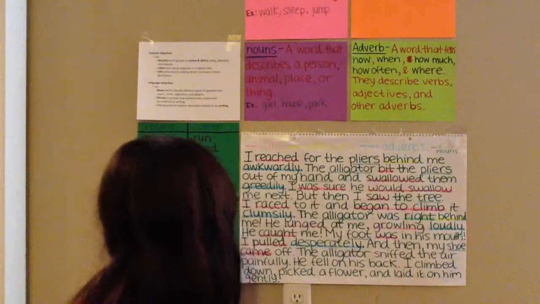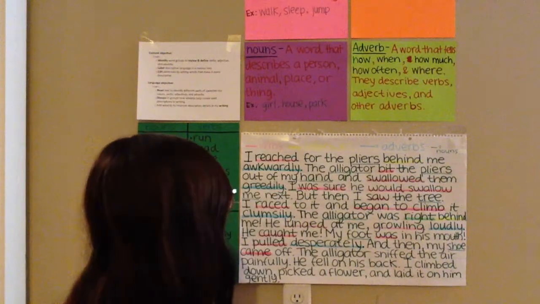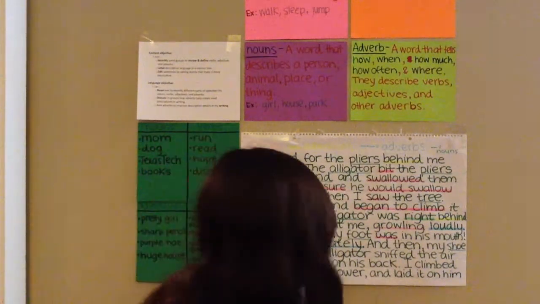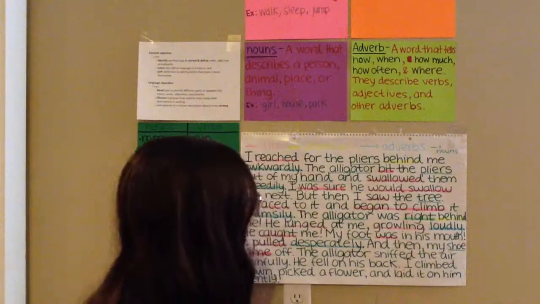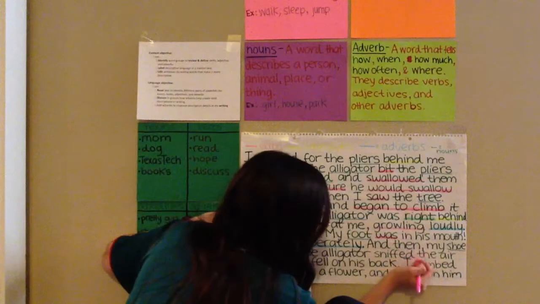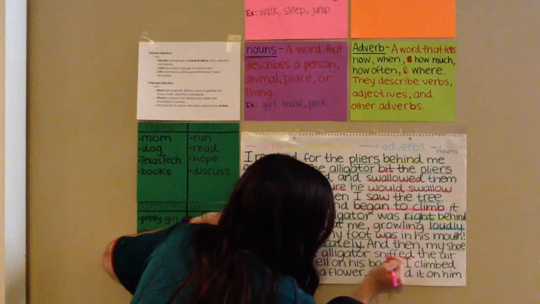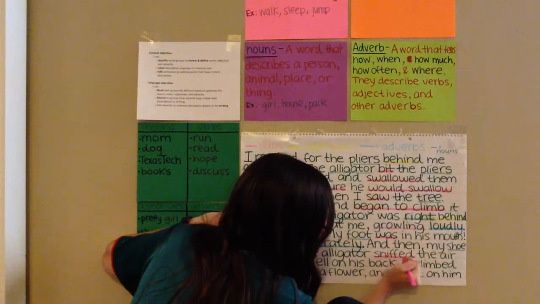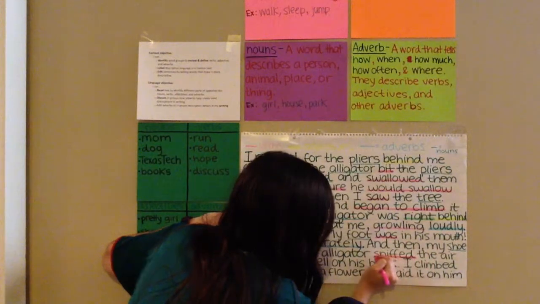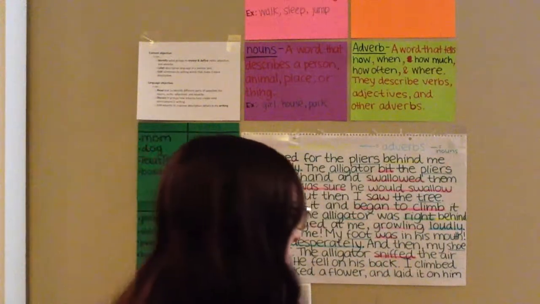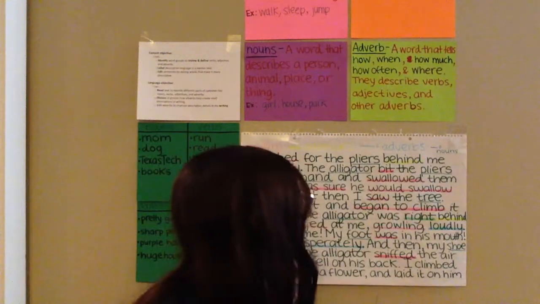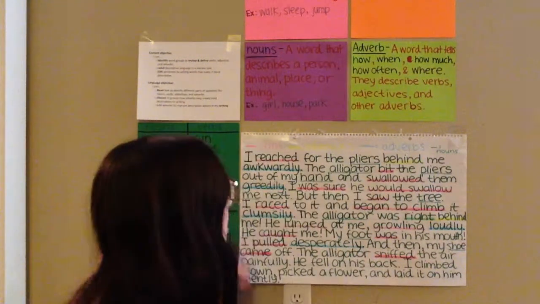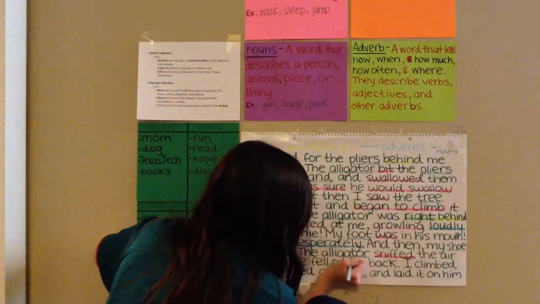The alligator sniffed the air painfully. Do you see a verb in the sentence? Good. The word sniffed is the verb in the sentence. And who is sniffing? Who is the noun who is performing this action? Good. The noun is alligator again.